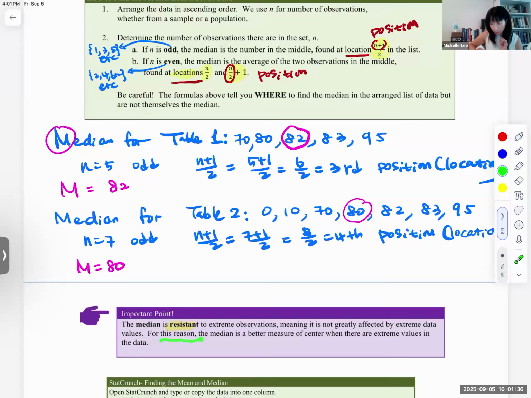For this reason, the median is a better measure of center when there are extreme values in the data. So if there is a very low score or a very high score, then it's good to use the median as the center. Make sense?